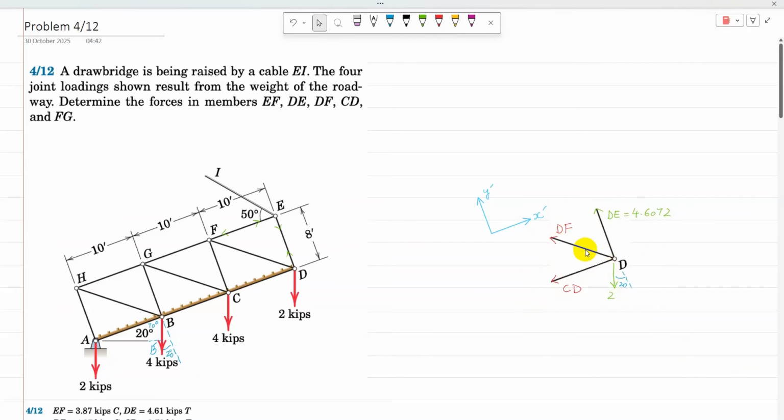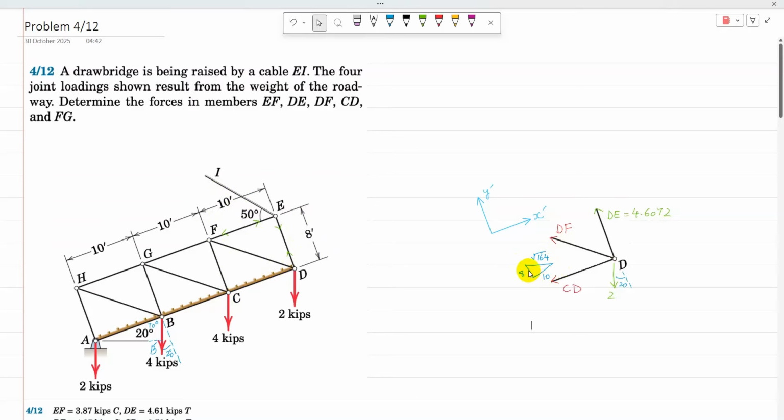So now DF is an inclined member, and the direction of DF along the length of the bridge is FDC. So the angle of FD along the length of the bridge, CD, can be calculated using triangle CFD, and in the triangle its side CD is 10 and its side FC is 8.